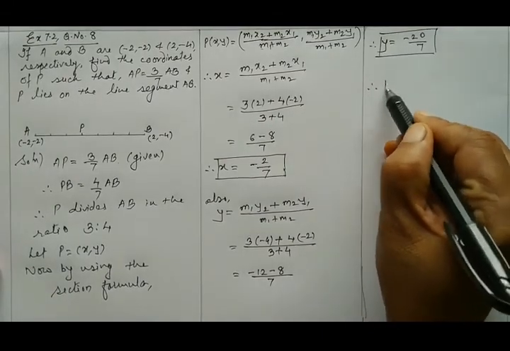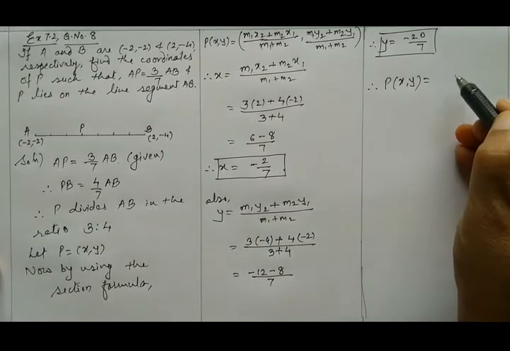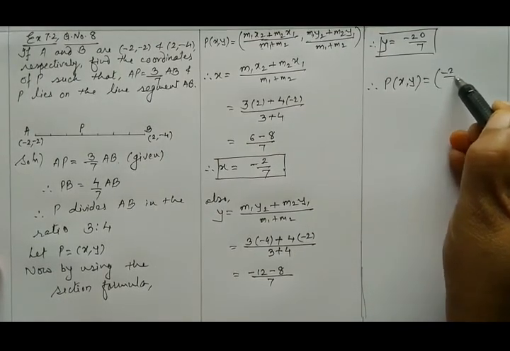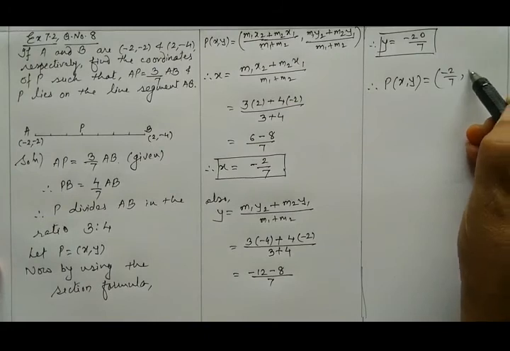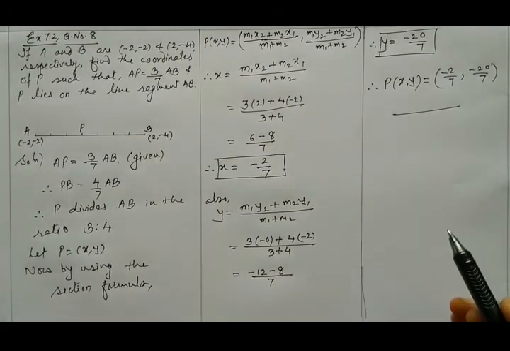Therefore the coordinates of P, x comma y, are minus 2 by 7 comma minus 20 by 7. Hope you have understood this question number 8.